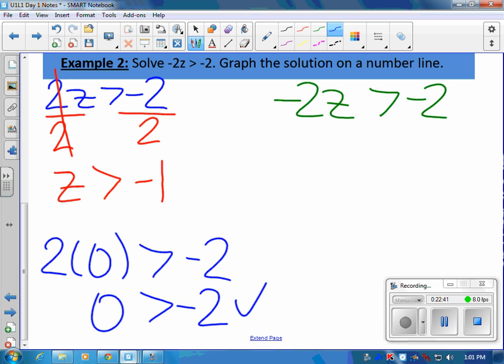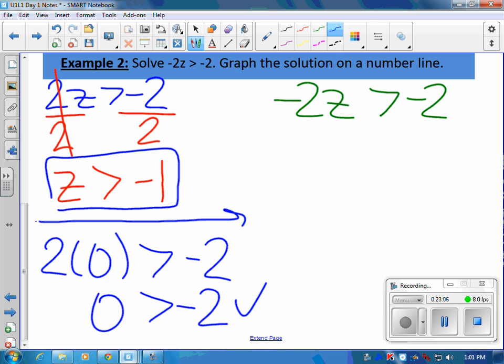I divided by a positive value. When I divide by a positive number, my inequality sign stays the same. I only flip the sign if I multiply or divide by a negative value. So here, my sign stayed the same.